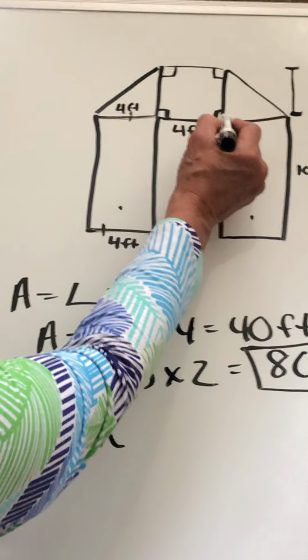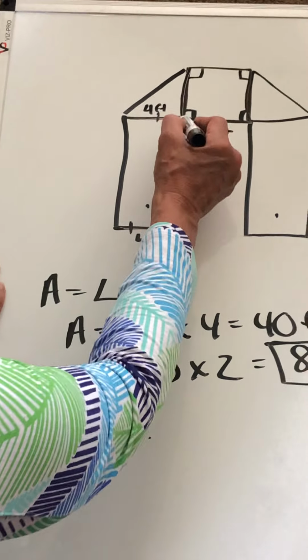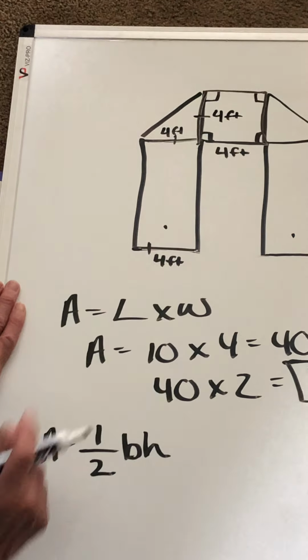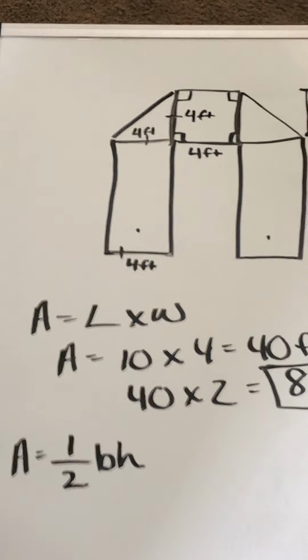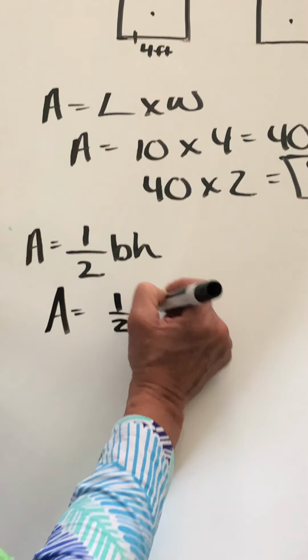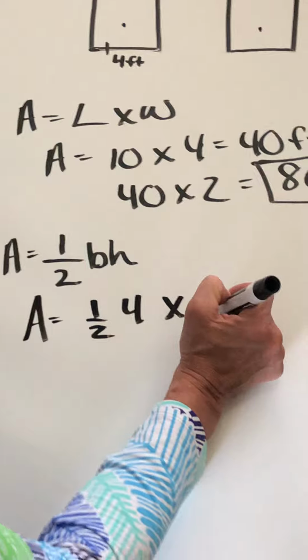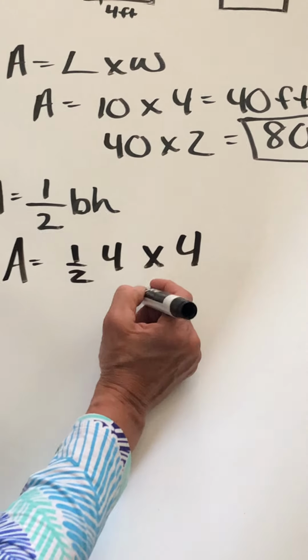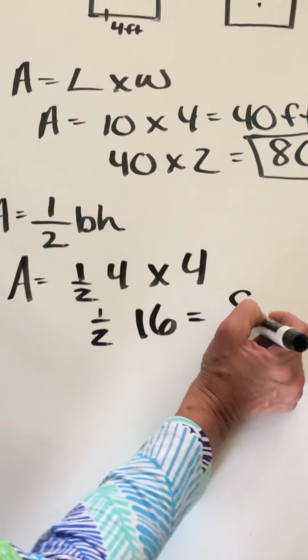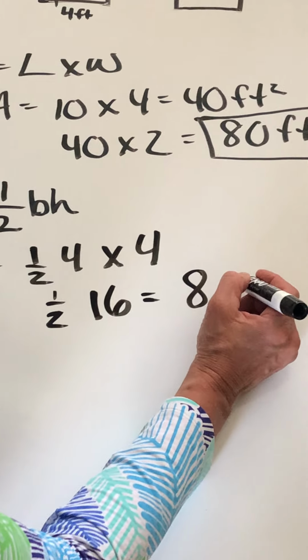Because this square has 4 equal sides, the height of that triangle is also 4 feet. So we're going to do area equals 1/2 of 4 times 4. We know that 4 times 4 is 16. So 1/2 of 16 equals 8 square feet.